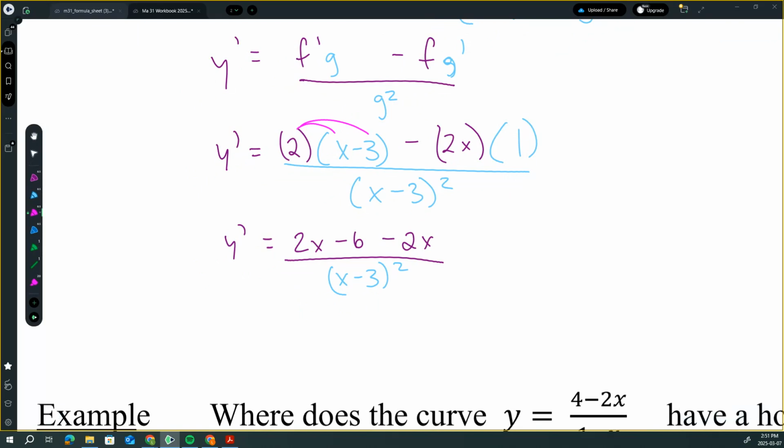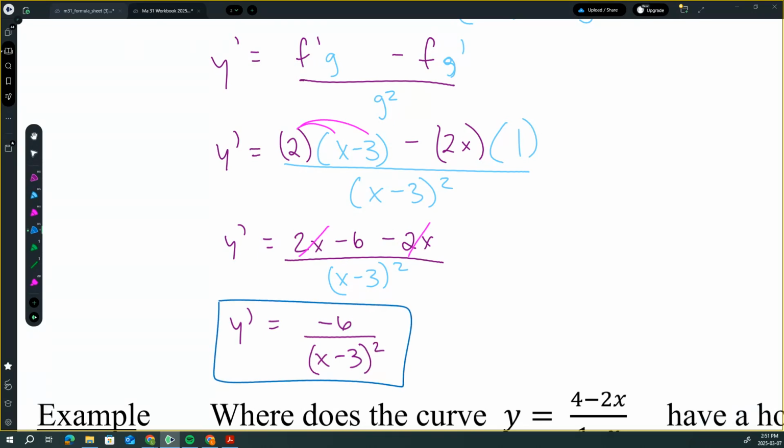Okay, and now we just simplify. So I'm looking at this and I'm seeing, okay, the 2x minus 2x, that cancels out. So we have negative 6 divided by x minus 3 squared. And that's that.